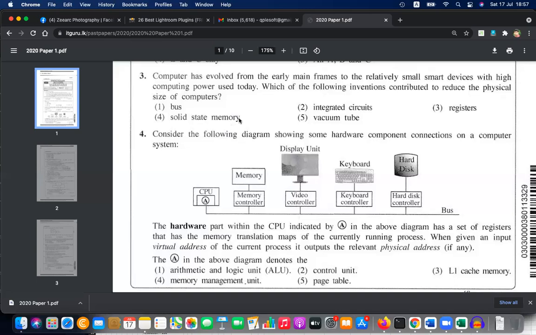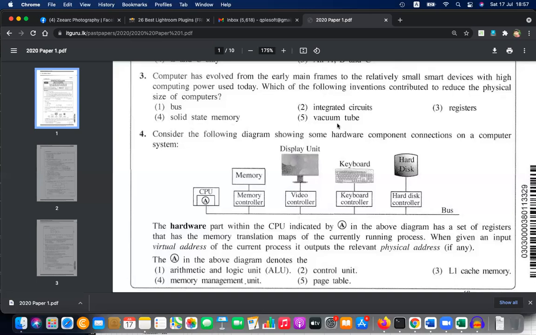So that has also affected. Vacuum tube, obviously not. So are we going to select 4 or 2? ICs, obviously, ICs also helped a lot.